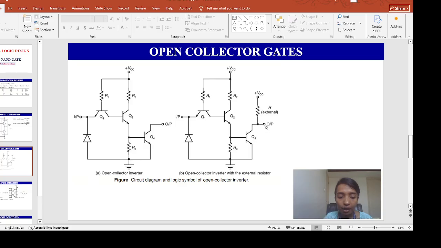And you have to choose this value R in such a way that when one gate output goes low while the others are high, the sink current through the low output doesn't exceed the IOL max, that means the maximum value of the low level output current.